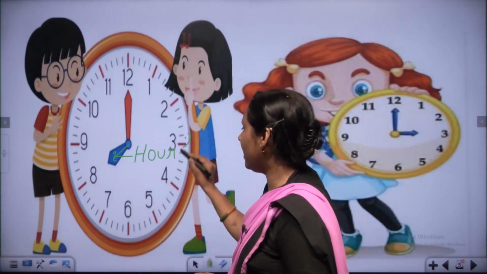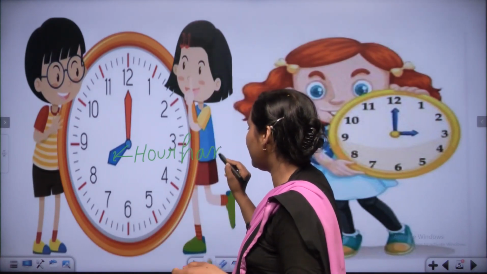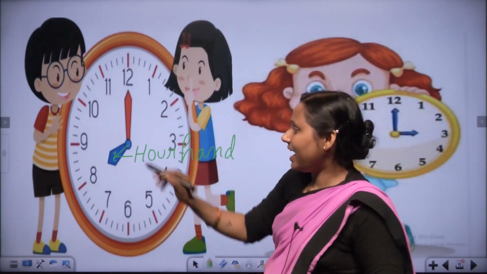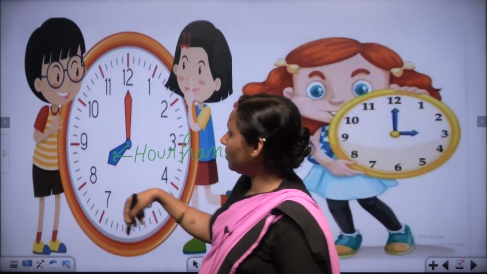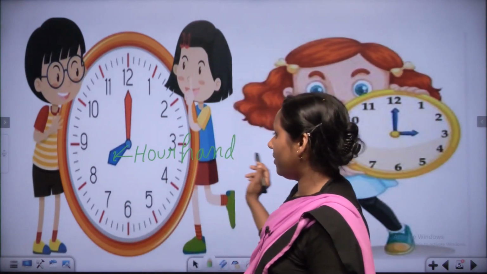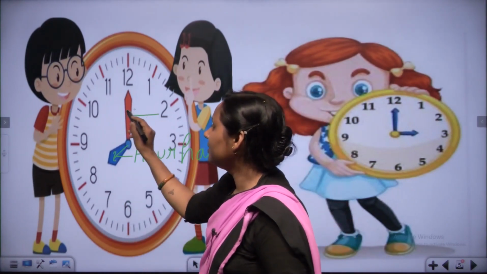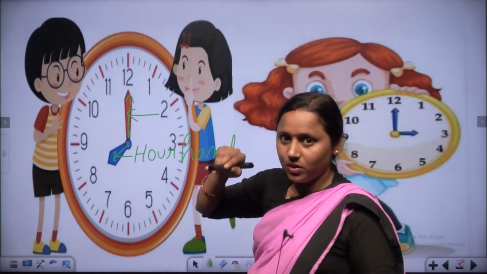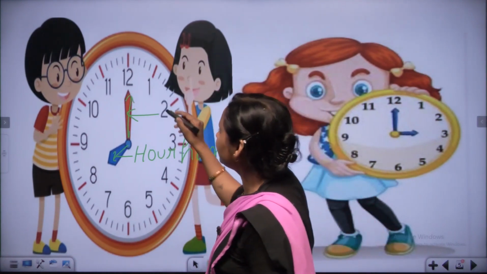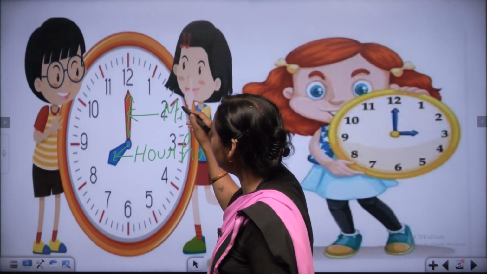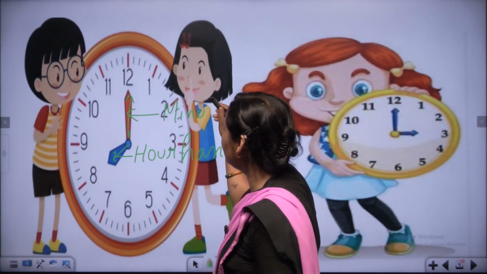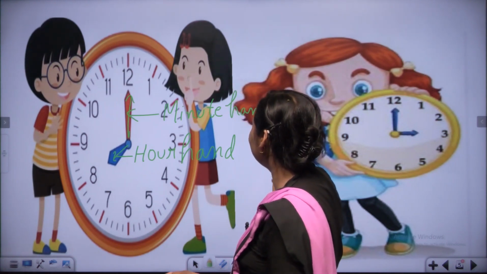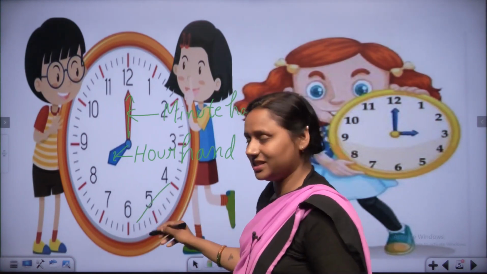And the spelling of hand, H-A-N-D, hand. This is a clock, and there are two hands in a clock. Yes, blue is the hour hand and the red hand is longer, the long hand. So what do we say? Yes, minute hand. Spelling of minute, M-I-N-U-T-E, minute, H-A-N-D, hand.